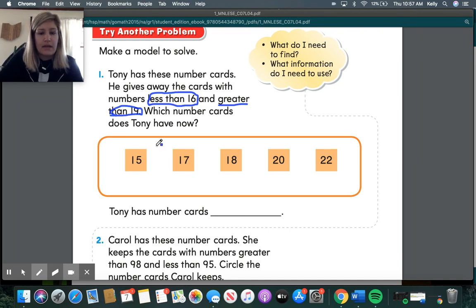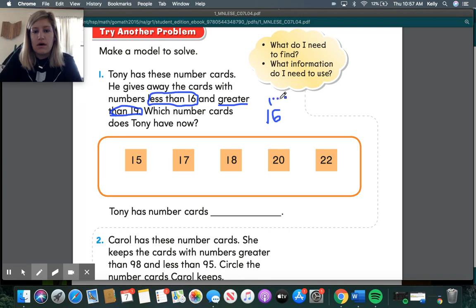So if you draw your quick picture for 16, it's 1 ten and 6 ones. Now, let's see anything that might be less than 16.